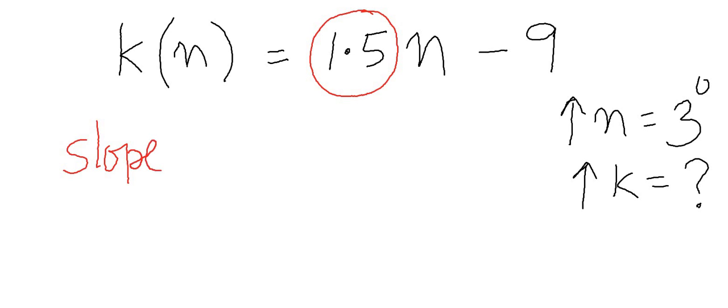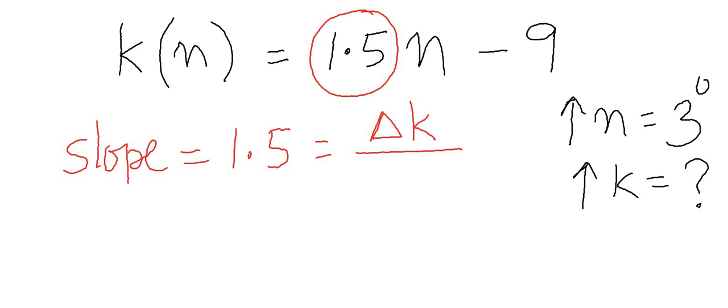So slope is equal to 1.5, and that slope is the change in y, which is k in this question, divided by the change in x, which is n in the question.